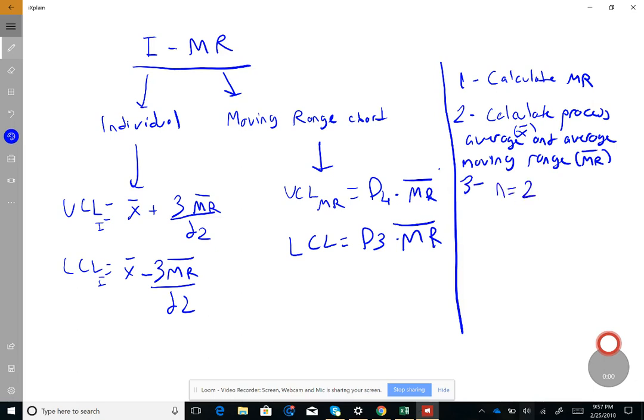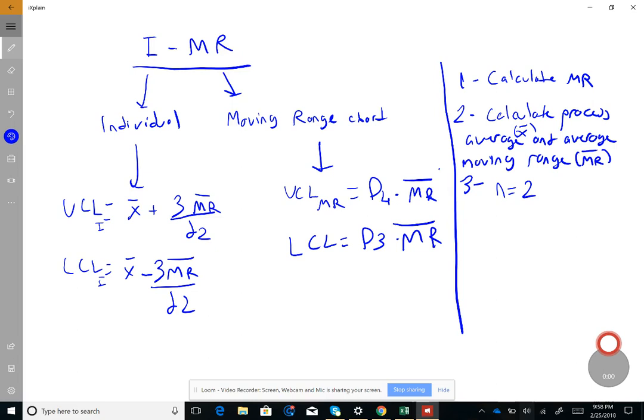Okay, step number 3. N is always equal to 2, because we want to use the lookup table, and whenever we use that lookup table for the IMR chart, N is always equal to 2. The reason is that you calculate the moving range of 2 consecutive points.